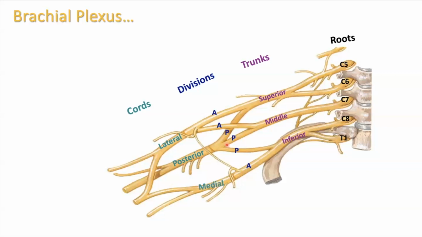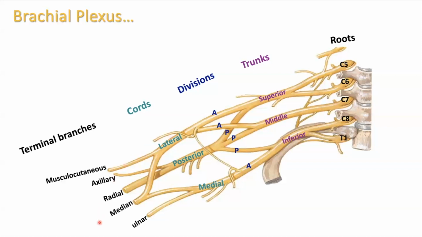And the cords will give terminal branches. So lateral cord gives musculocutaneous nerve and half of median nerve. Posterior cord gives axillary nerve and radial nerve. And medial cord gives ulnar nerve and part of median nerve.